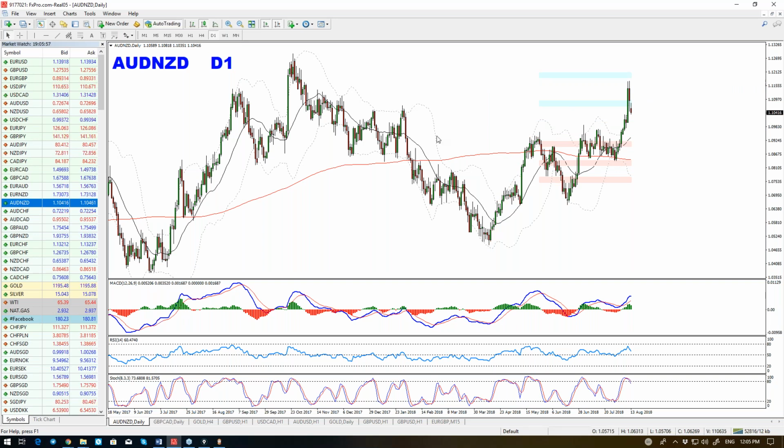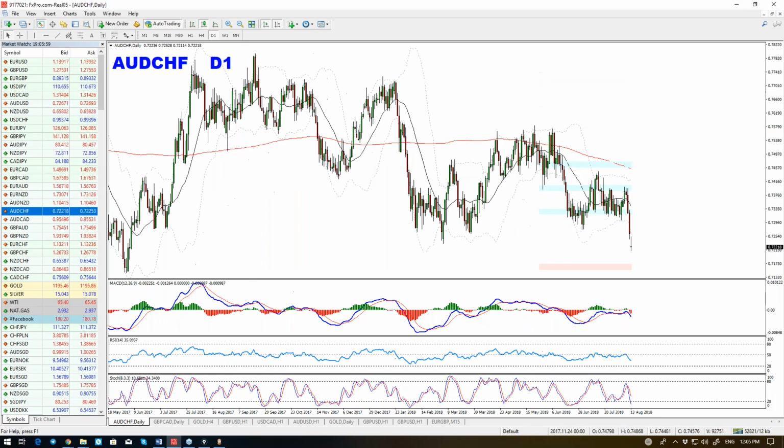Very simple. Aussie versus the franc, finally making the last leg down, and I say finally because we never could create any good divergence yet, and that's why I suspected it will take us into kind of a triple here, which it seems it does.